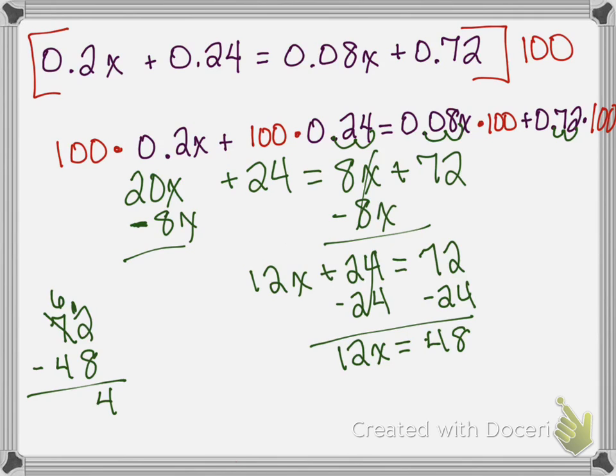Oh, I put 48 instead of 24. Okay. We're going to back up. What I am doing is I am saying 72 minus 24. Okay, the answer to that is 48. That's where I got my 48 from. So I borrow from my tens. Okay, 12 minus 4 is 8. 6 minus 2 is 4. So 48.